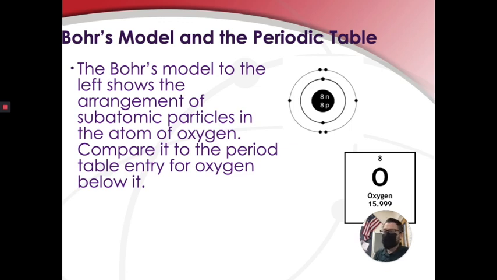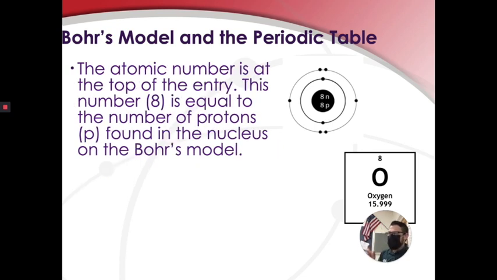So we have 4 things in that box. You have a number at the top, you have an abbreviation, then the name, and then another number at the bottom. The number at the top, okay, in this case, number 8. This is the atomic number, and the atomic number is equal to the number of protons in an atom. So oxygen is number 8 on the periodic table because all oxygen atoms have 8 protons in their nucleus.